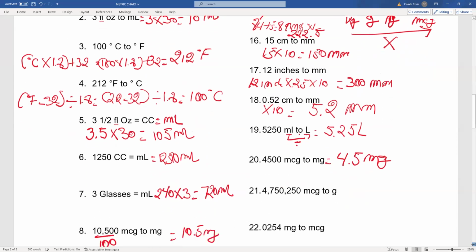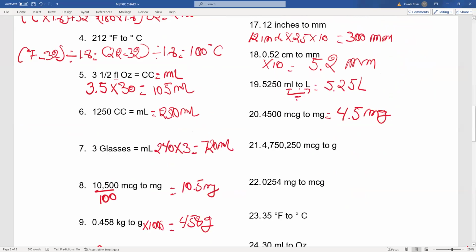All right, so let's go to number 21. We're almost there. When you go from a microgram to gram, you gotta pass milligram, and then you gotta make your way to your gram. So you go from right to left, you're gonna divide this by what? By 1,000,000. And when you divide this number by 1,000,000, you're gonna have 4.75025 gram.